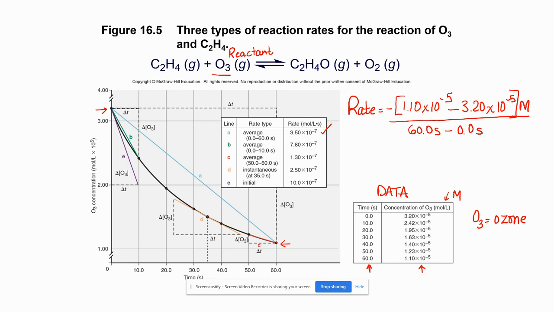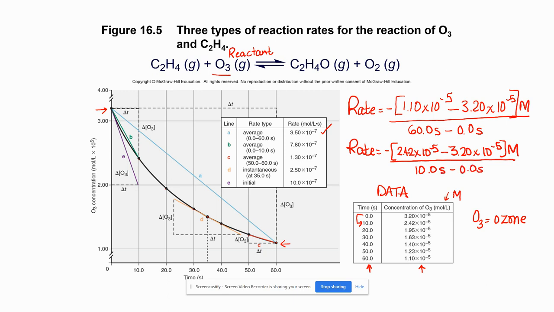Okay, now, if we want to take the average rate over a different interval of time, in B, that would be 0 to 10 seconds. We would do the same calculation, but over that interval. So that one would look like rate equals negative 2.42 times 10 to the negative 5 minus 3.20 times 10 to the negative 5, divided by 10 minus 0.